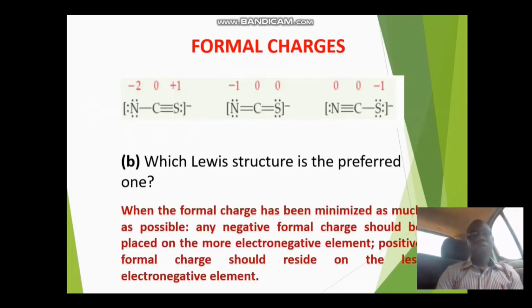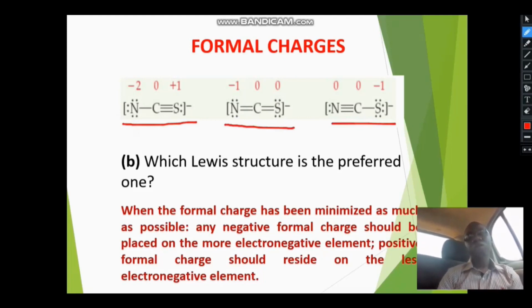At the end, you should get these as the formal charges of the 3 molecules. So we have this molecule, this one, and this Lewis structure. If you have those formal charges, then we are ready to answer question B.